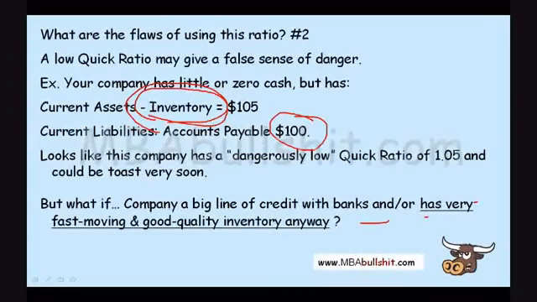So in this case, even if you have a low quick ratio of 1.05, the company will not have a problem, because this inventory will turn to cash very soon anyway.